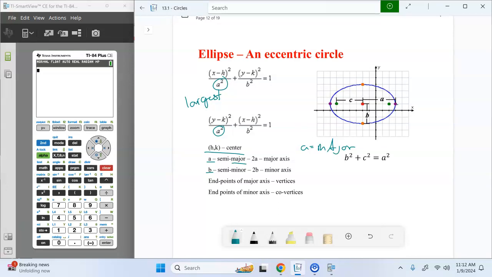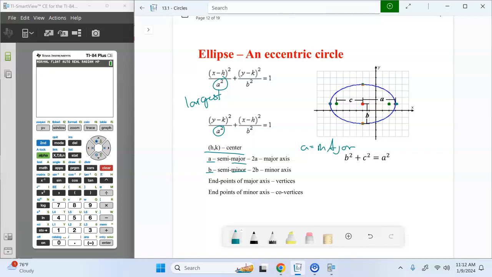B refers to the minor axis. B refers to our minor axis. And so that's going to be that perpendicular direction going perpendicular from the major axis. On the edge, we have what are called vertices on the major axis. And then on our minor axis, these are our co-vertices. So on the long distance across the ellipse, the endpoints of the major axis are the vertices.